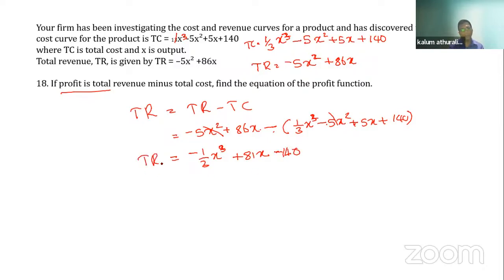This is the function of TP, not TR. TP equals TR minus TC. Subtract these two. The important thing is to put the bracket here. Without the bracket you can't write this. Bracket and simplify.